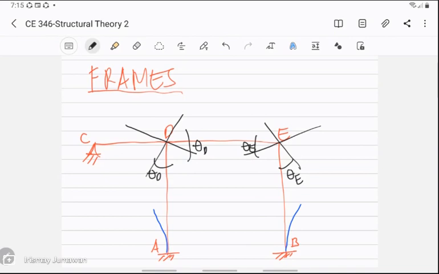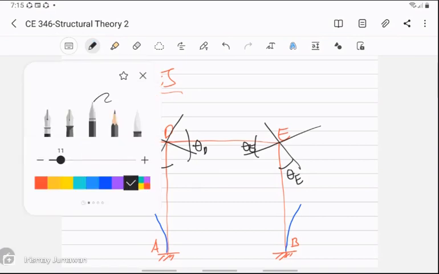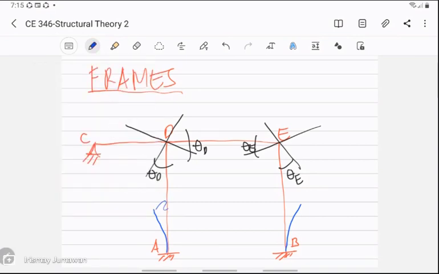From that, we can draw our elastic curve. You can have this tangent line, and the curve is tangent to that line.